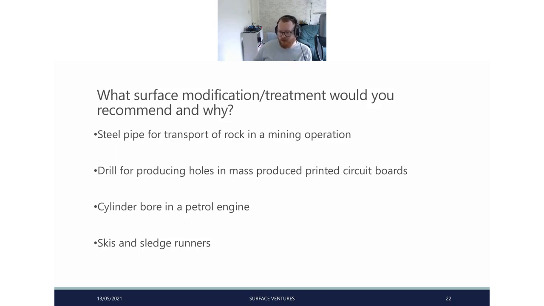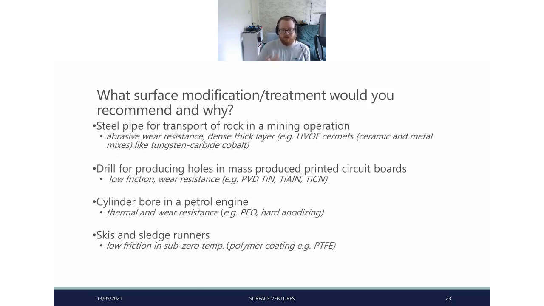Excellent. Excellent. So let's go on for some of this. So some of the actual suggestions here. Yep, so abrasive wear resistance, but for things like a PTFE is hazardous.